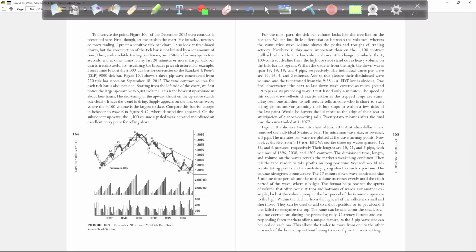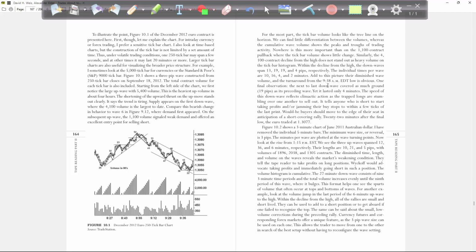Within the decline from the high, the down waves span 13, 19, 19 and 4 pips respectively. Respectively, the individual times per wave are 10, 16, 4 and 2 minutes.